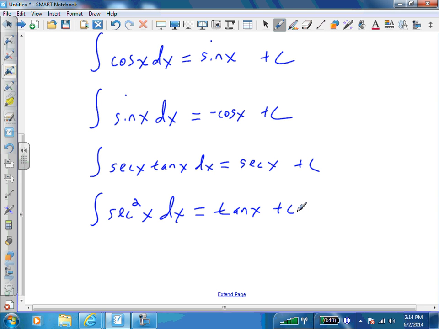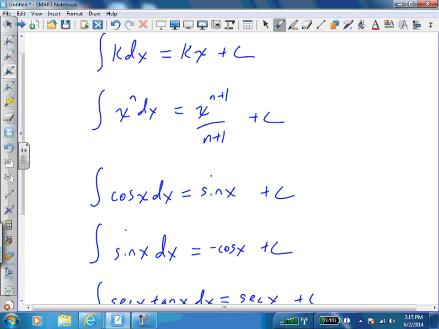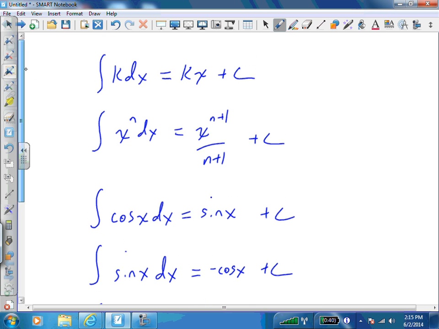Our list of things we can integrate, though, is very small. In the grand scheme of things, once we get a little bit further, we can take the derivative of almost any function that you can write. It might be extremely messy, but you can differentiate pretty much anything. But it is pretty simple to write a function that you can't integrate. There are a lot of functions that you can't just sit down and come up with a function that's an antiderivative. Ones that we know how to do so far.